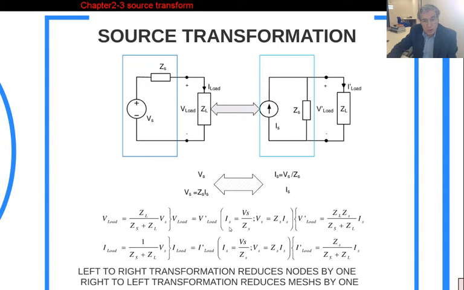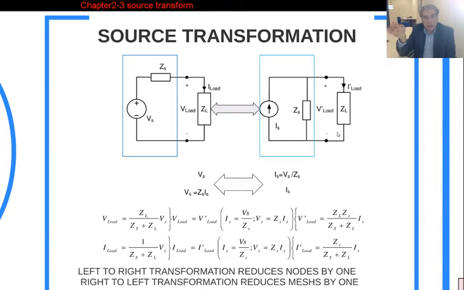If you replace the independent current source with Vs over Zs, and the independent voltage source is equal to Vs, Is, then the left hand side load voltage and load current would be equal to the load voltage and load current on the right hand side. So you can prove it on your own.